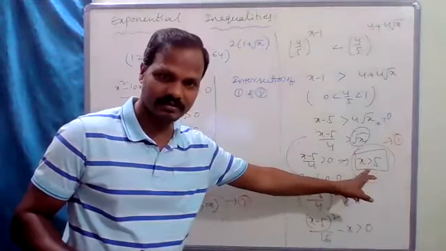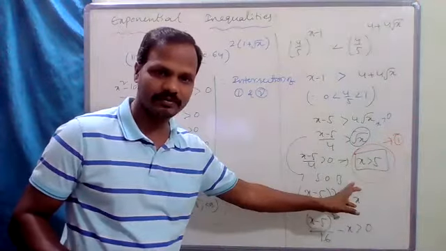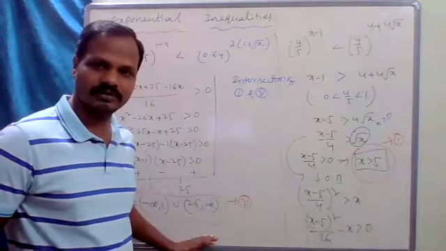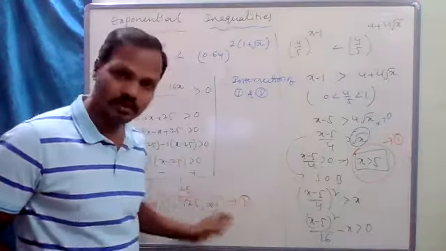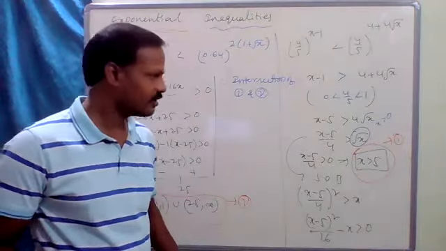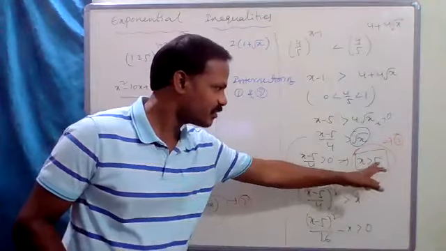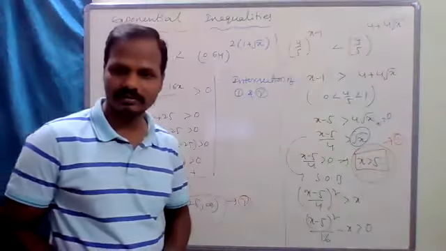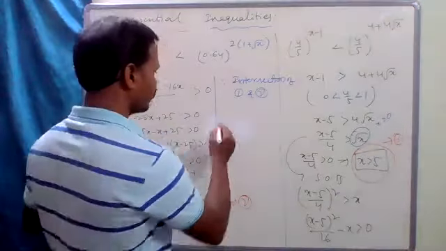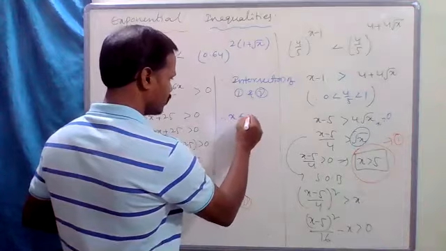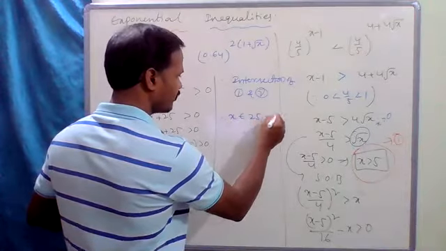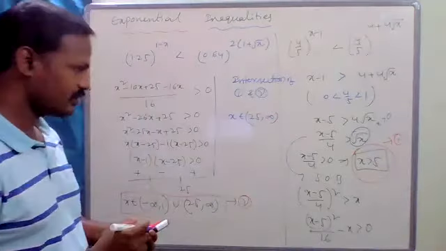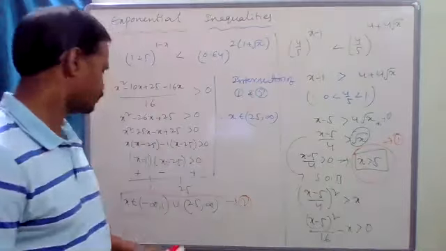This is the first condition to make squaring on both sides. So we got this solution. Now these two conditions should be satisfied. That's why we have to take the intersection of this and this. So therefore, x belongs to 25 comma infinity.